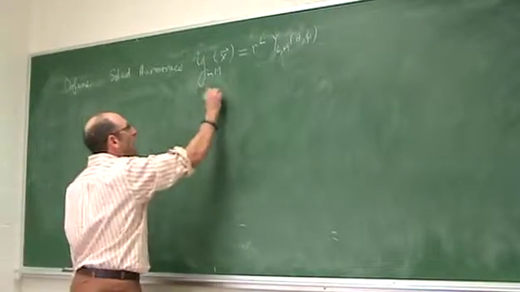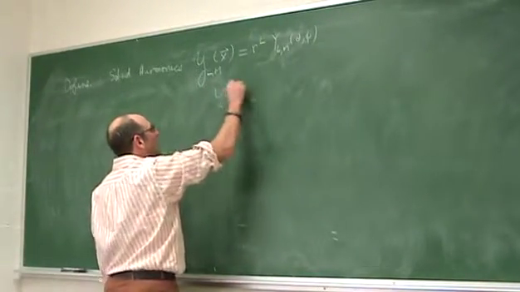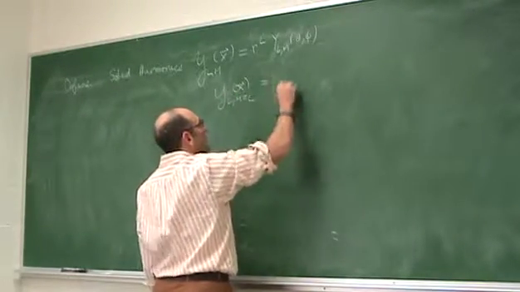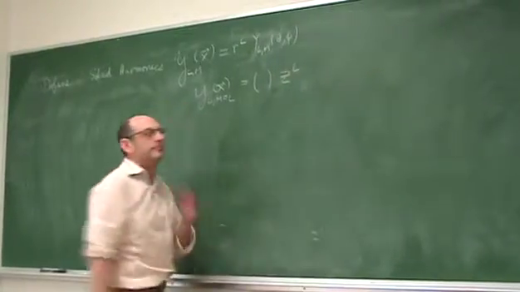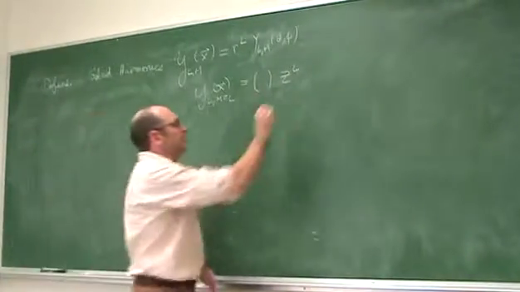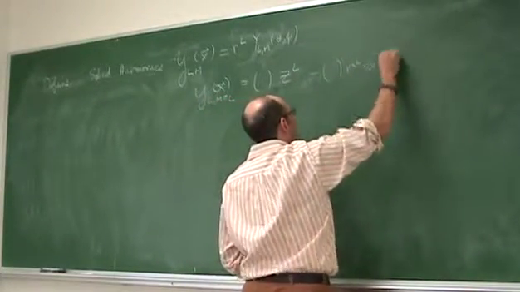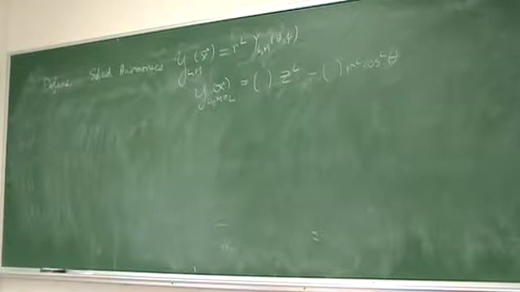So for example, Y_L,L of x is some number times r^L cos^L theta, which is R to the L times that normalization, putting in that r^L so I don't have to keep taking it out.